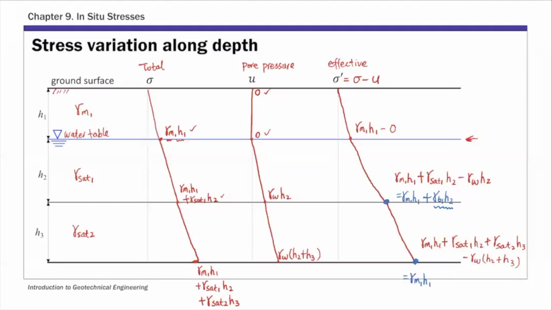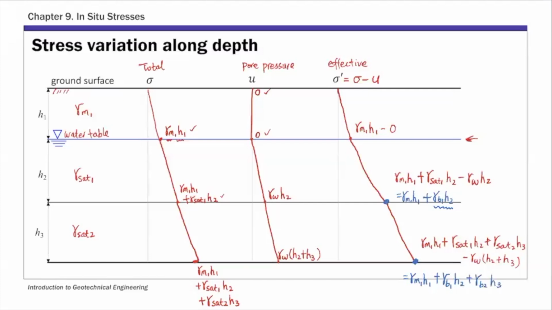Then the second soil layer is a saturated soil layer, so we can use the buoyant unit weight, gamma B1 times H2. And then the third layer is also a saturated soil layer, so we can use the buoyant unit weight of that layer, gamma B2 times H3.